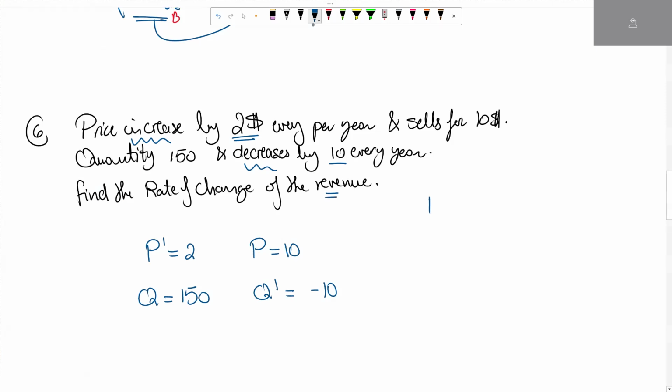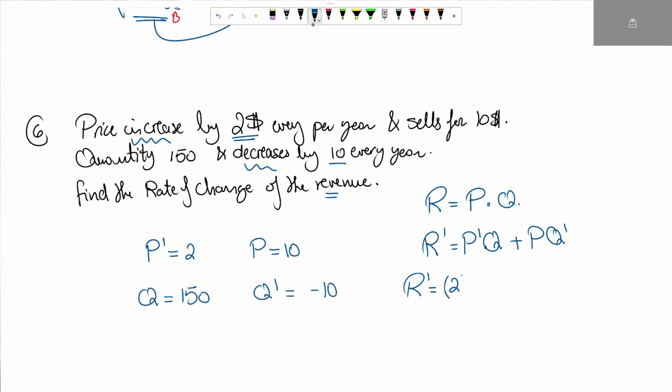The equation states that the revenue is equal to the price times the quantity, which means that R prime, the rate of change of the revenue, equals P prime multiplied by Q plus P times Q prime. If we substitute what we have into the function, R prime equals, instead of P prime, I'll substitute the 2.